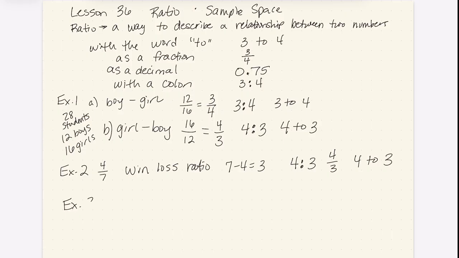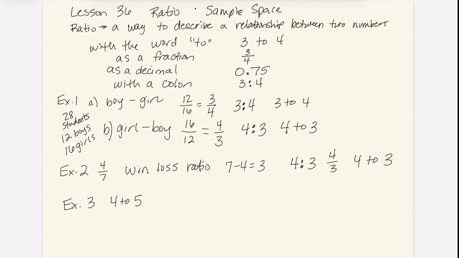Example number 3. There are red marbles and green marbles in a bag. If the ratio of red marbles to green marbles is 4 to 5, what fraction of the total number of marbles is red? So we know that there are 4 red marbles.